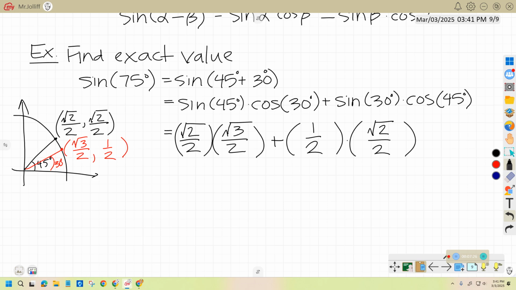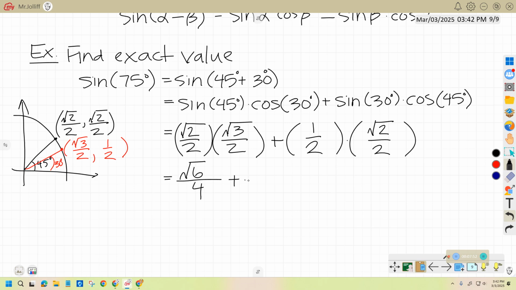That's all the trig. Now it's just a little bit of math magic to make those fractions prettier. When we multiply fractions, we multiply across the numerators, we multiply across the denominators. So for that first term, root 2 times root 3, 2 times 3 is 6, so root 6. In the denominator, 2 times 2 is 4.